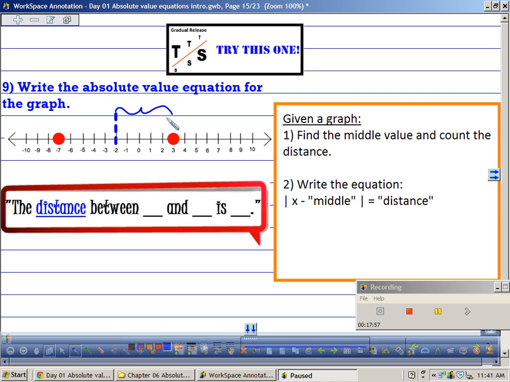1, 2, 3, 4, 5. In this direction, I can also move 5. So the distance between a number, which we call x, and -2 is 5.